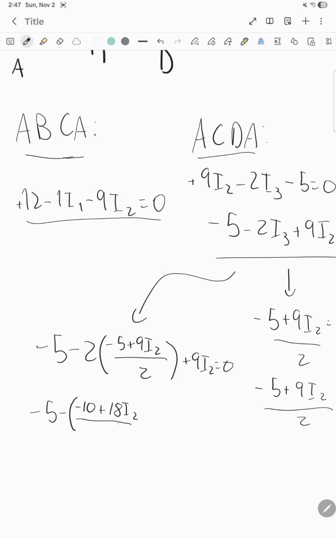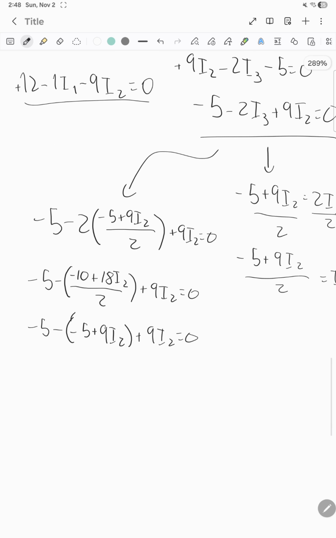And this will be divided by 2, so I will simplify, of course. Plus 9 I2, which is equal to 0. These will simplify, and it'll be minus 5 minus negative 5 plus 9. I guess we just came back where we began. Plus 9 I2 is equal to 0.